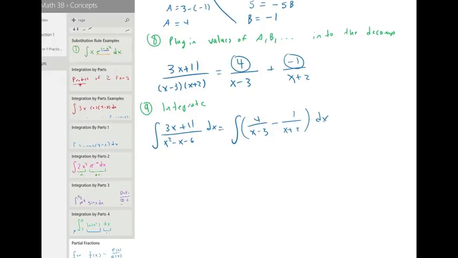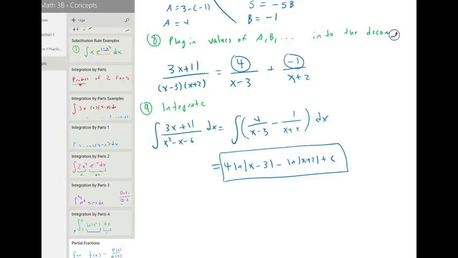And the integral of that, as we did before, is just a substitution. And there we go. So that is integration by partial fractions. And I'll do an example in the next video.